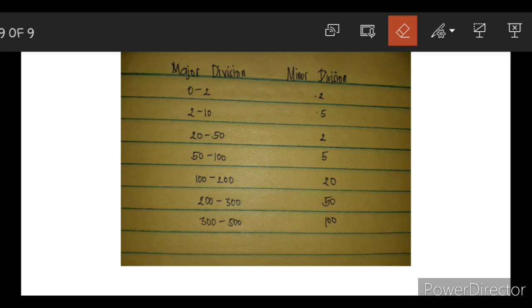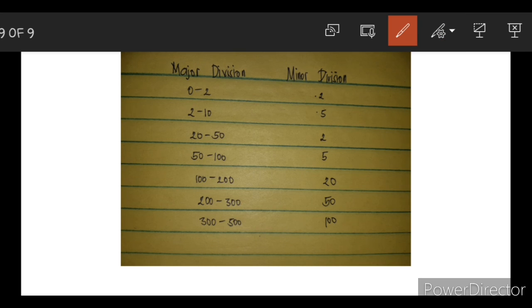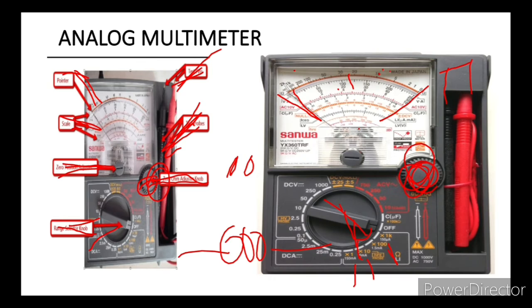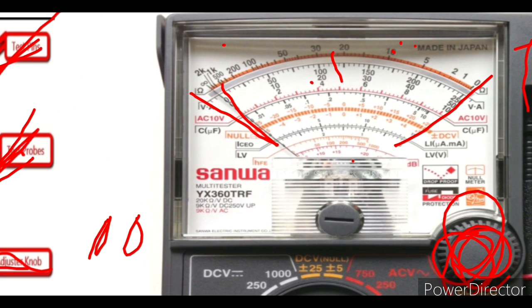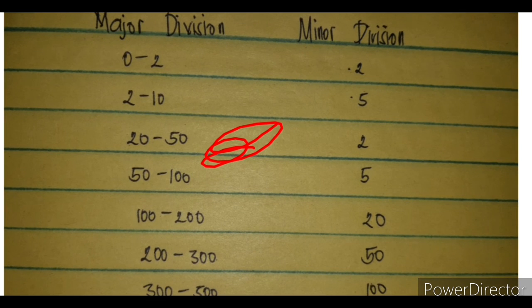So in our case, the line is between this number 20 to 50. So yes, it is between 20 to 50, and it is in line 2. In 20 to 50, for the minor division, each line contains 2.